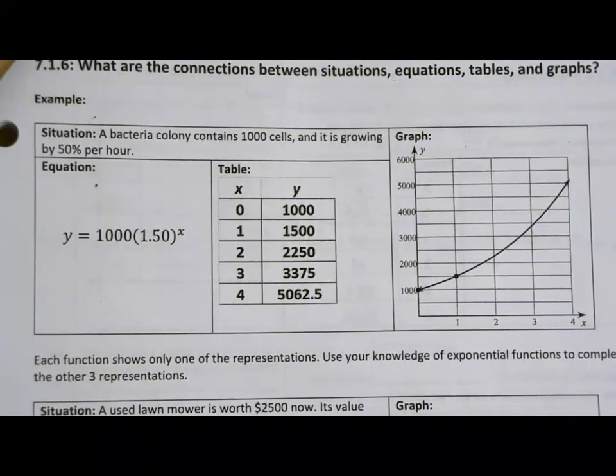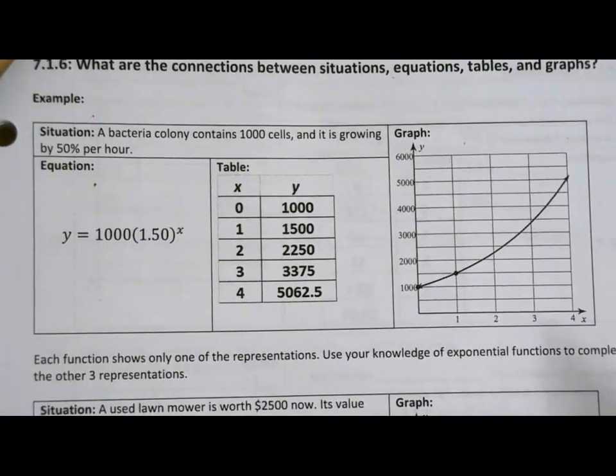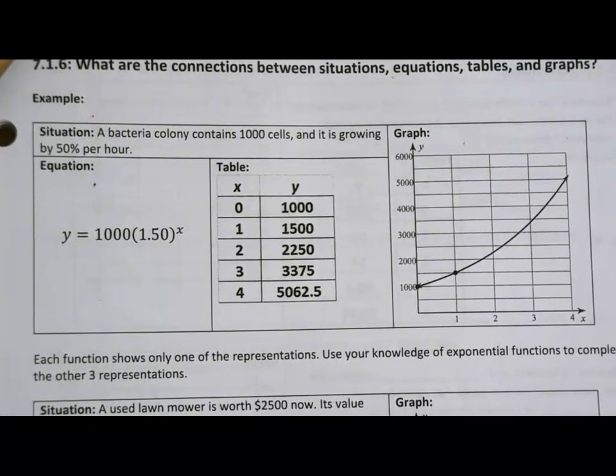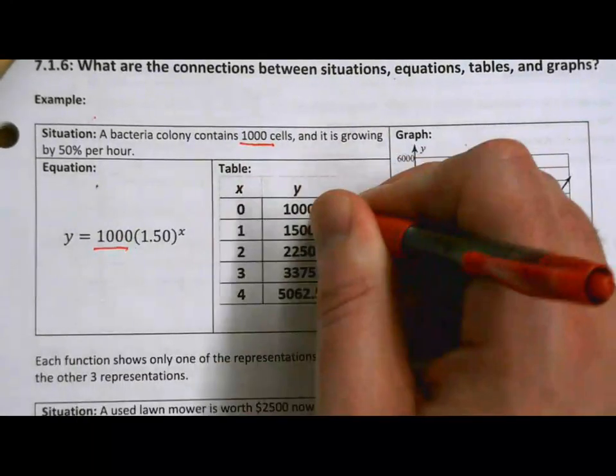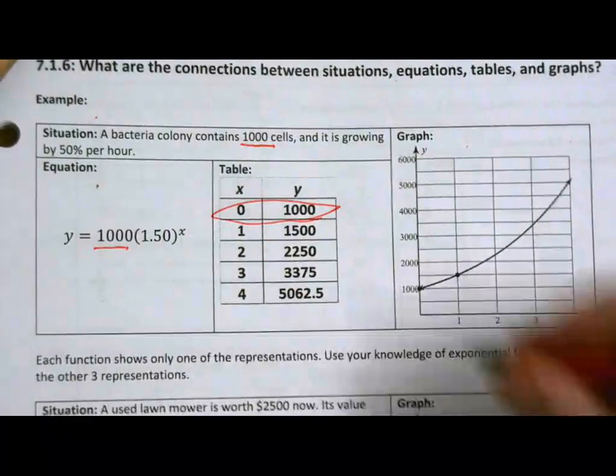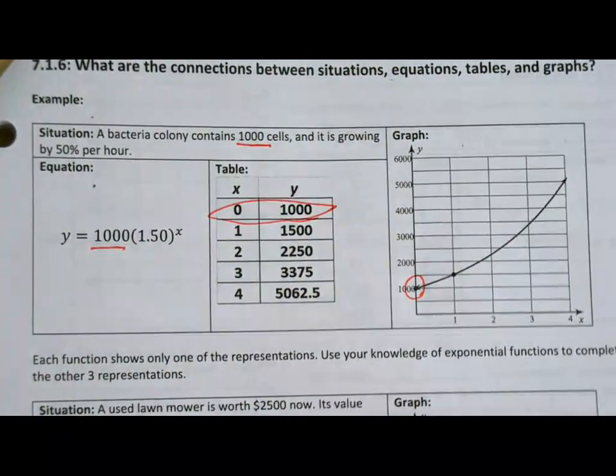I see it in the situation, the equation, the table, and it's an important number on the graph. The number I'm thinking of is 1,000. It appears here, and here, and here, and it is the y-intercept, yes.